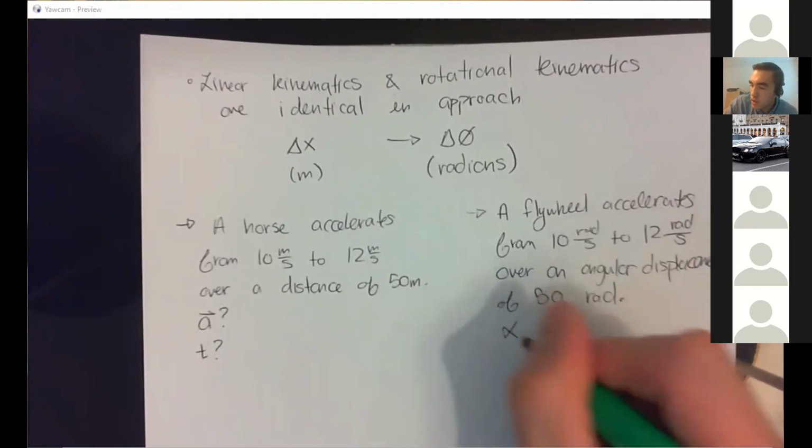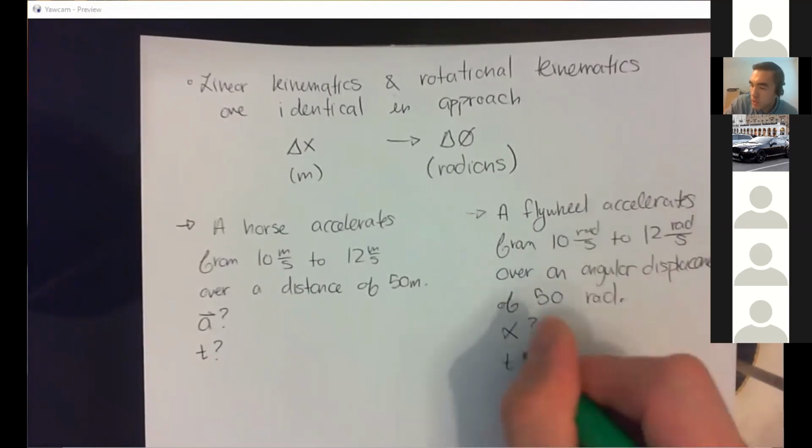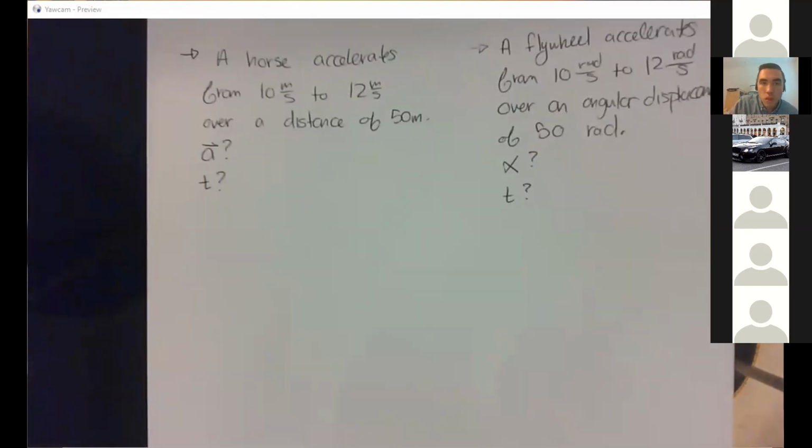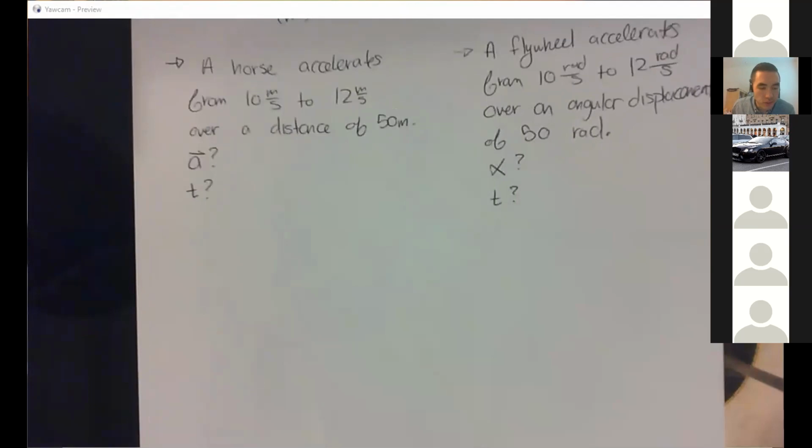What is the angular acceleration and how much time did it take? So these two questions are identical in terms of their solution, but what's different about them is the physical interpretation, the meaning of what these solutions are, but the math is literally identical.